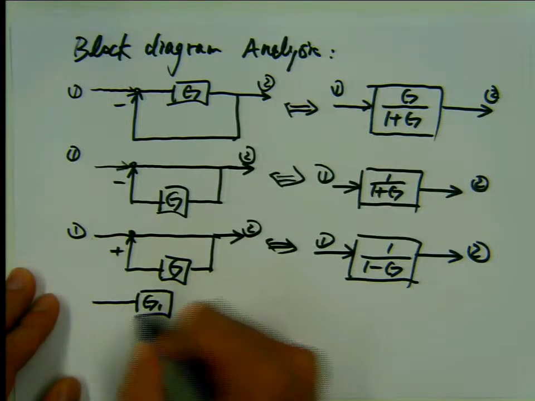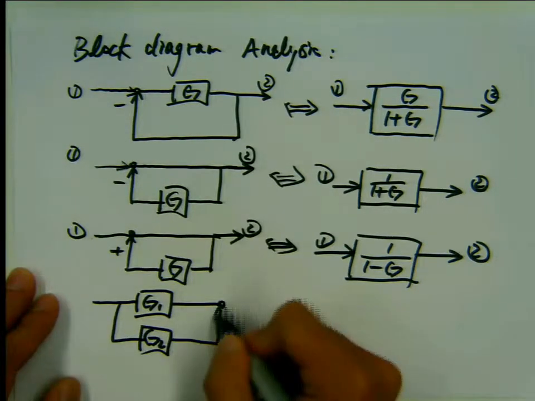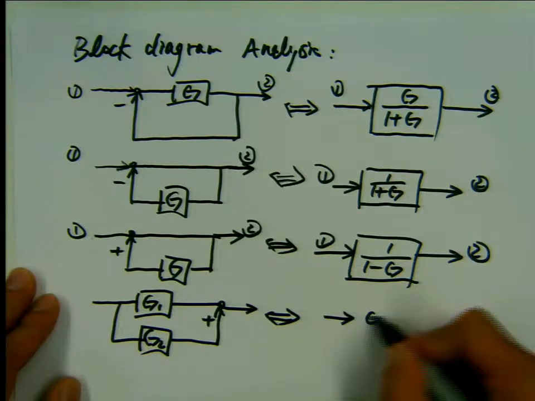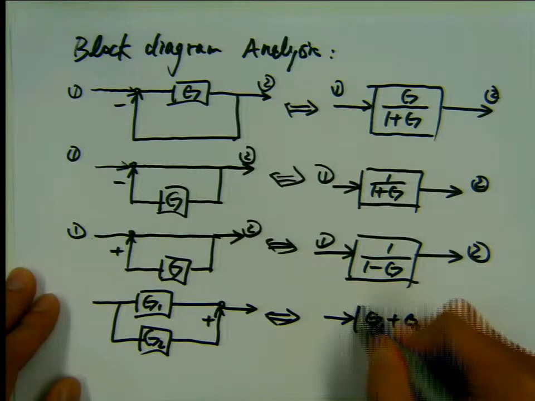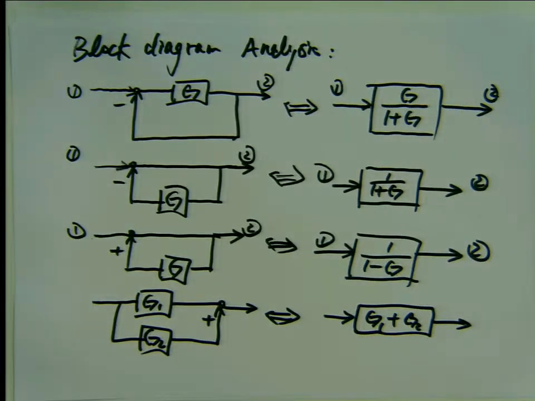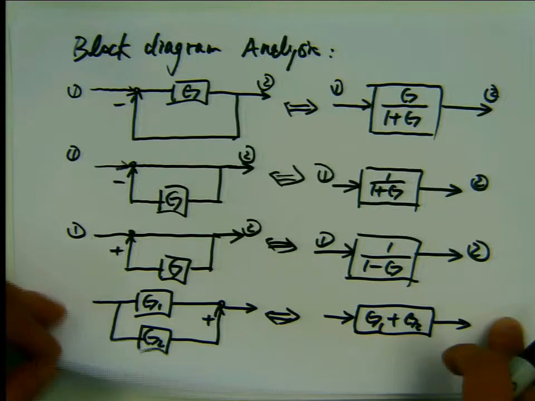If I have 2 paths, G1 and G2, then equivalently I am going to have G1 plus G2. As a review, remember these structures, the equivalence between these block diagrams.